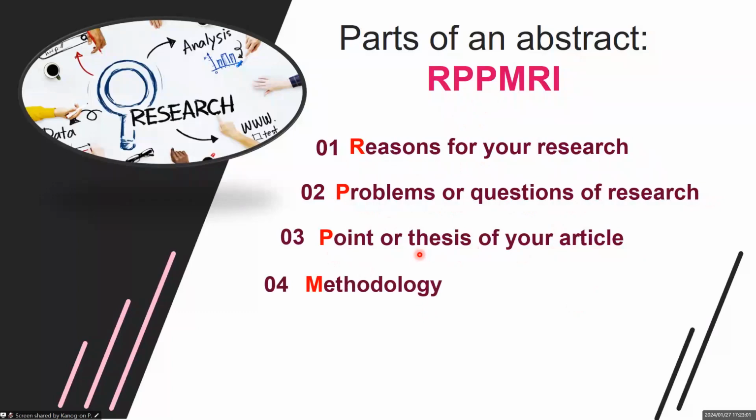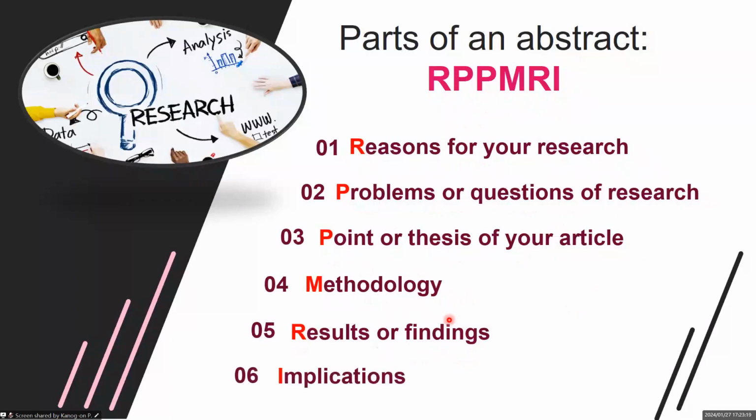And then M, the next one. M stands for methodology. So you're telling about the method, how you collect the data. And R will be the results and findings, talking about what you found. And the last one will be implication, any suggestions for further studies. So all of this will be included in your abstract.